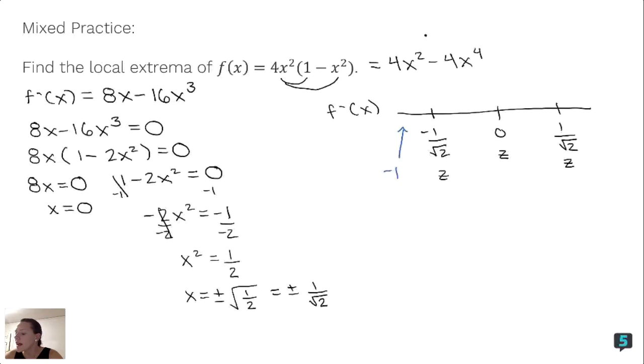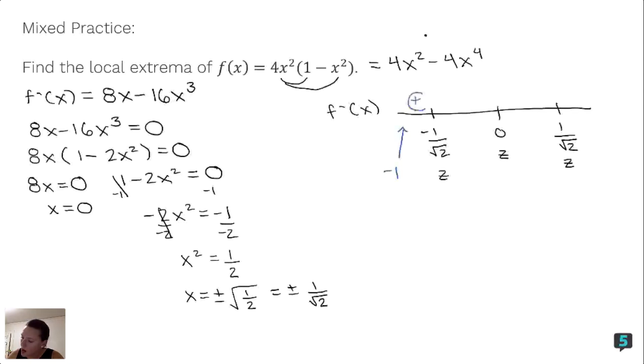And when you plug negative 1 into the derivative, do you find that f prime of x is positive or that f prime of x is negative? Positive.